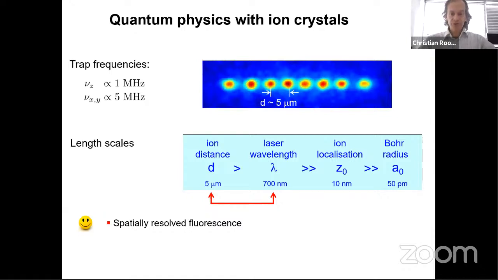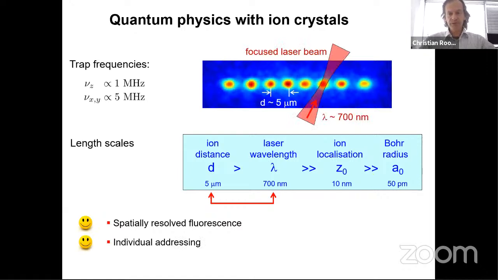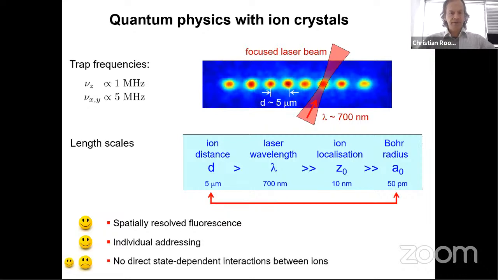Secondly, this separation of length scales is of interest because it means that we can strongly focus a laser beam to a waist such that it interacts with just a single ion in the string and not with all the ions at once. And so this provides us access to individually addressing ions, quantum control over individual ions in the string. And finally, you can see that there are many orders of magnitude separating the ion distance from the Bohr radius.